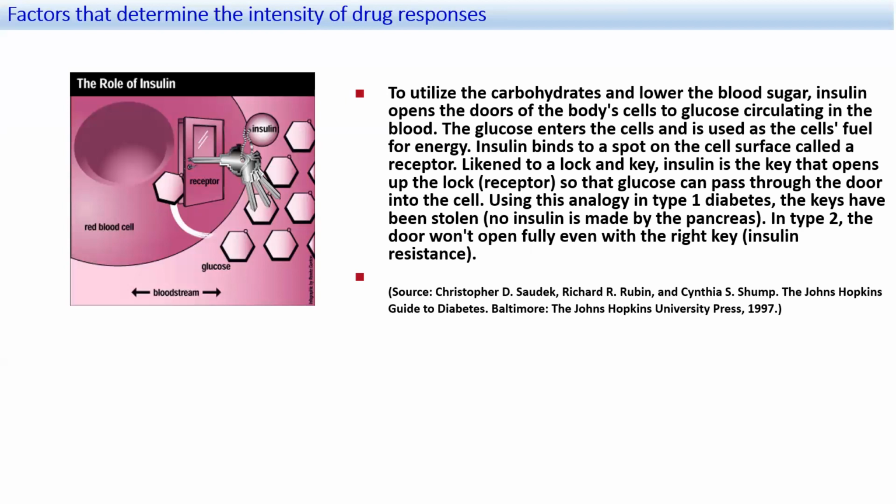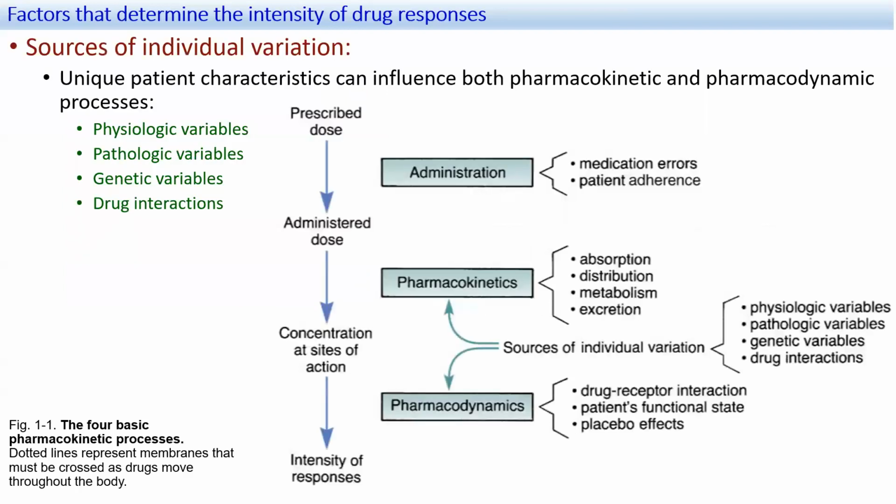But in both scenarios, there is no adequate amount of insulin to allow all these glucose molecules to exit the bloodstream into the cells for metabolism. Then we anticipate a significant amount of glucose molecules to stay in the bloodstream and result in hyperglycemia, which is diabetes.